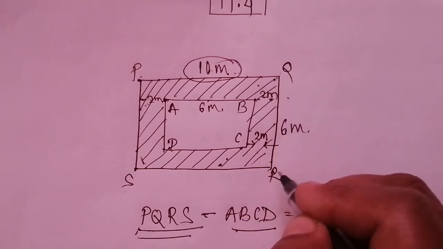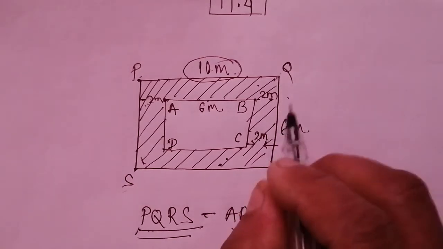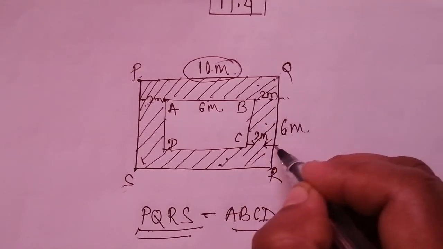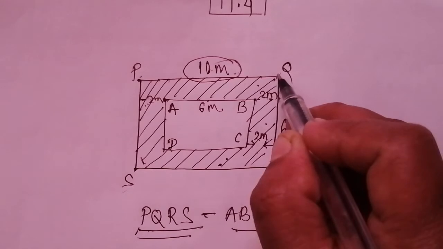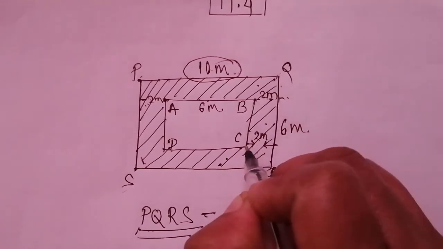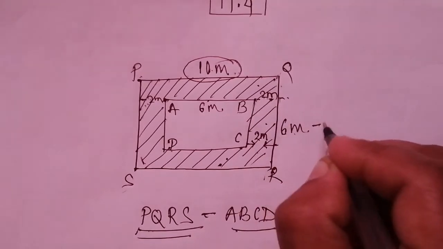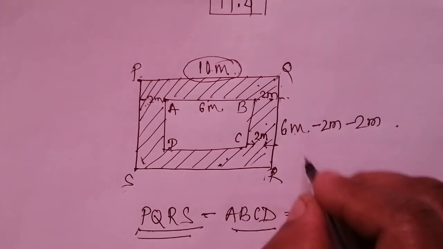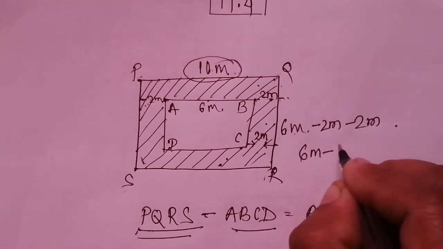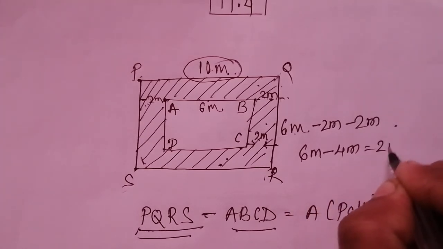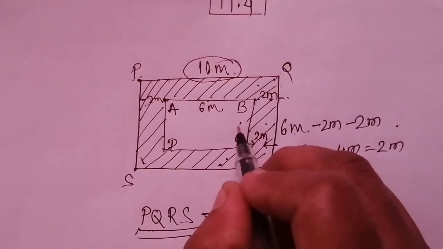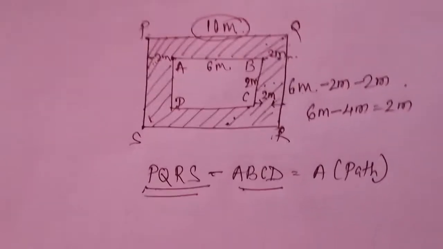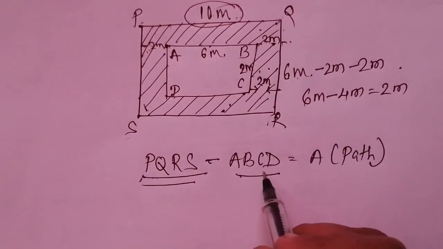In the same way, this is 6 meter given, so 6 meter minus 2 meter minus 2 meter. From 6 meter you have to subtract 4 meter. That means the dimension of this is 2 meter.